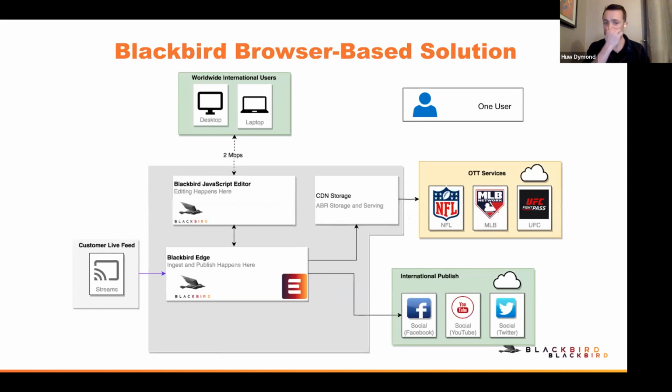But the alternative is, in a Blackbird world, essentially what you've got is, for a single user, an edge node which does your background processing of capturing and serving media to the editor. The editor is co-hosted on a SaaS backend, so there's no infrastructure needs for customers, and the delivery is direct from that edge service.